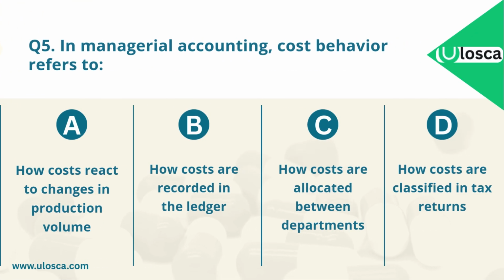Question 5. In managerial accounting, cost behavior refers to A. How costs react to changes in production volume. B. How costs are recorded in the ledger. C. How costs are allocated between departments. D. How costs are classified in tax returns. Which one is the correct answer?